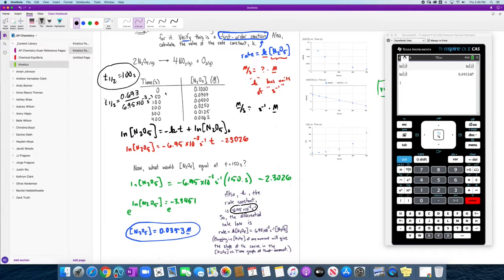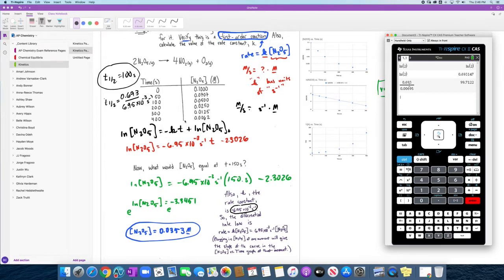Let's type that into the calculator. We've got 0.693 divided by 6.95 times 10 to the negative 3. Numerically, we can see 99.7. Now remember, this value right here was rounded to 3 significant figures. 99.7 is effectively the same as 100 seconds.